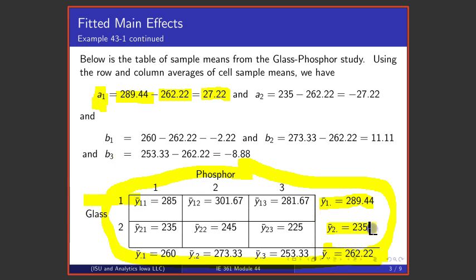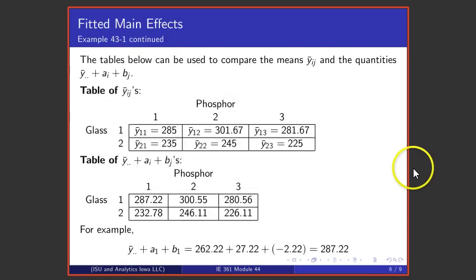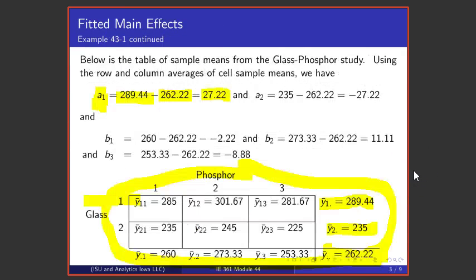Correspondingly, this row average minus the grand average is minus 27.22, and we're going to call that the main effect of glass number 2.